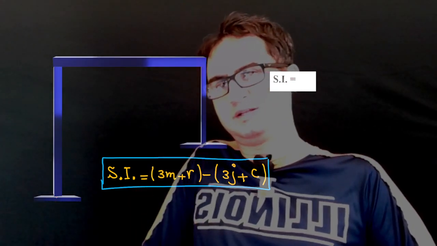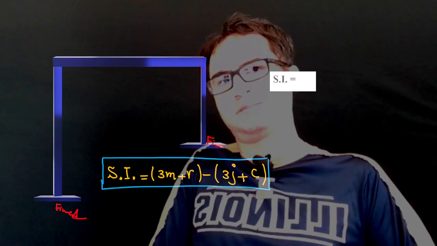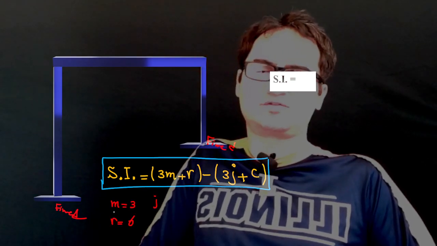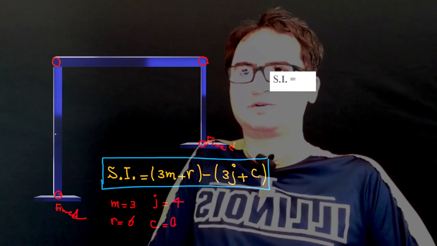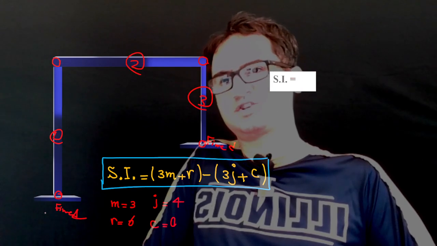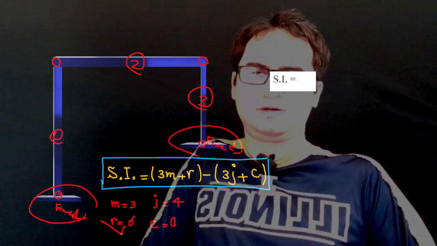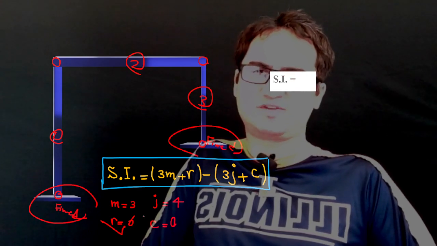Let's see a frame example. This is a fixed support, and this is a fixed support. Again, writing down the equation: number of members, member 1 and so on, reactions definitely end up being 6 reactions.